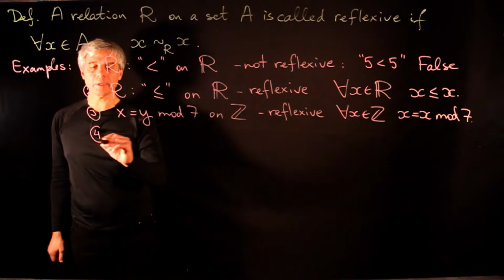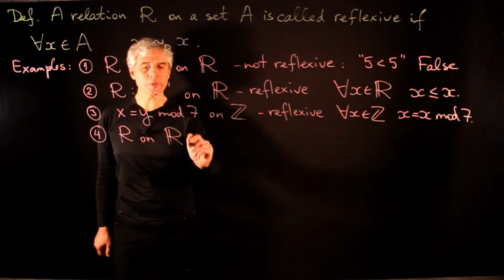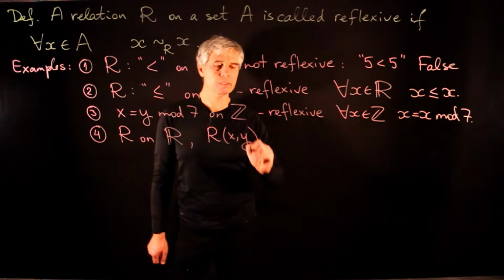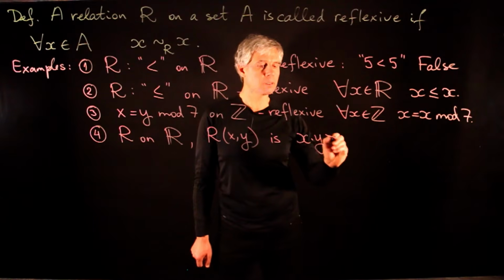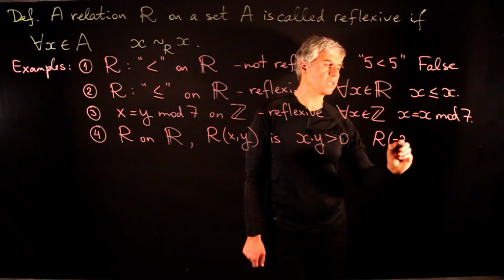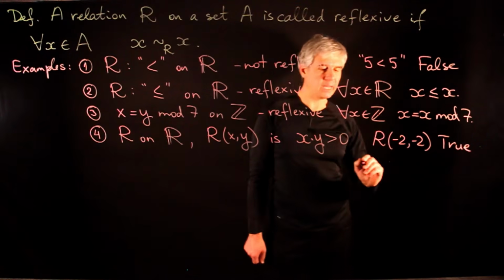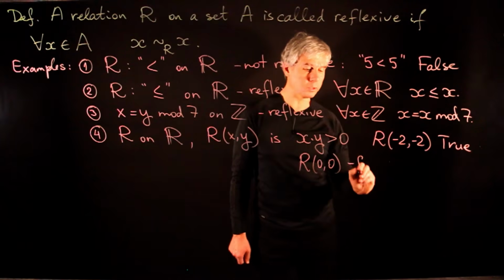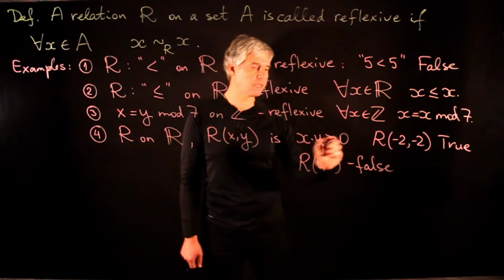Let us consider the following relation R on the set of real numbers, where R(x, y) is defined as x times y is greater than 0. Here we will have, for example, that R(-2, -2) is true, but R(0, 0) is false, since we put the strict sign here.